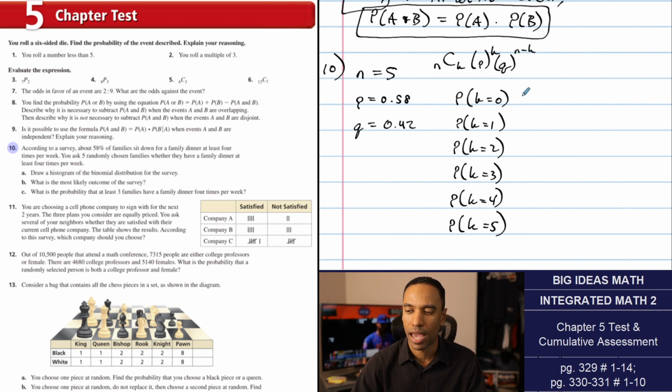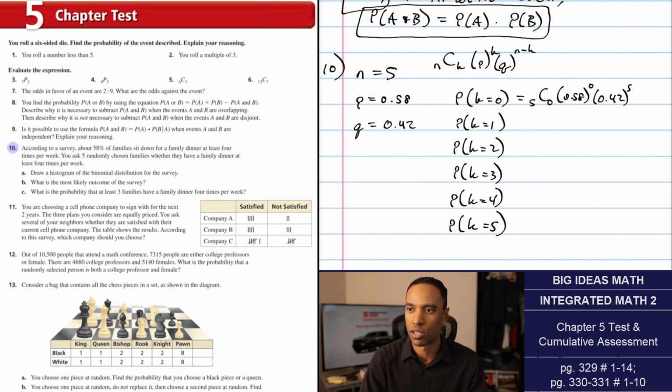So this one will be 5 choose 0 times 0.58 to the 0 power times 0.42 to the 5th power, and so on and so forth.